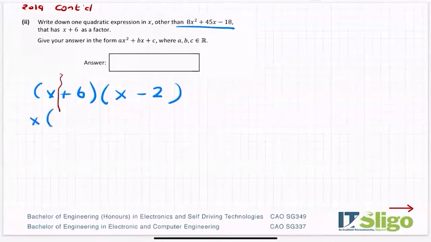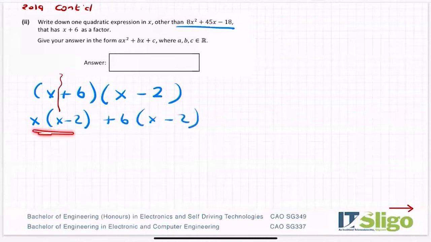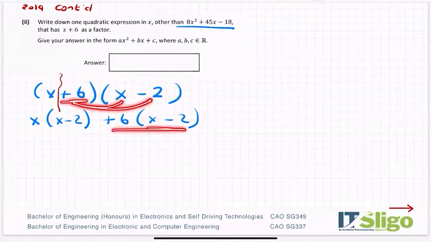x by everything in the second bracket, plus 6 by everything in the second bracket. So I haven't done anything different here. That's just x by x and x by minus 2, and then I come back for the plus 6 by x and the minus 2.